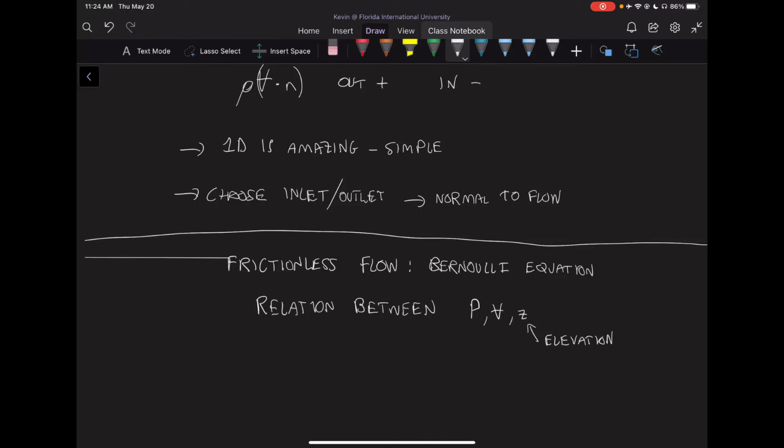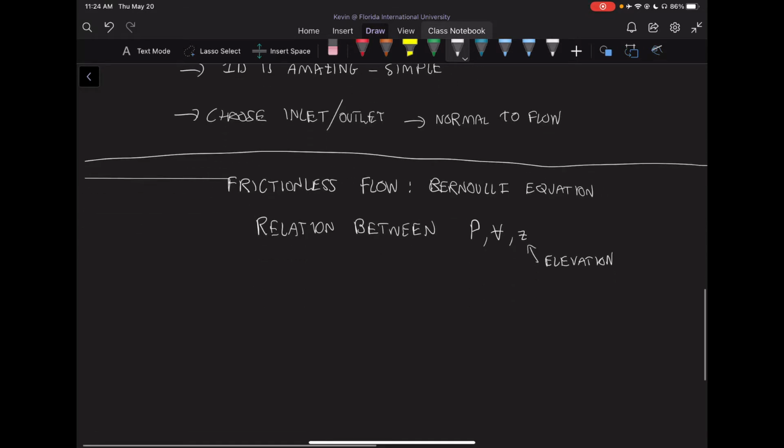And so this Bernoulli relation is going to help us understand the comparisons that we can make between pressure, velocity, and height, essentially. And I'm going to write it down again, but this is only good for frictionless flows. So we can only use it for frictionless flows. If there's friction, then it doesn't work.